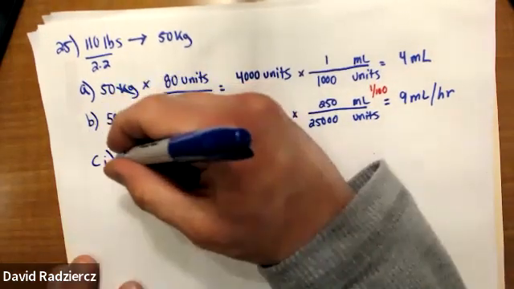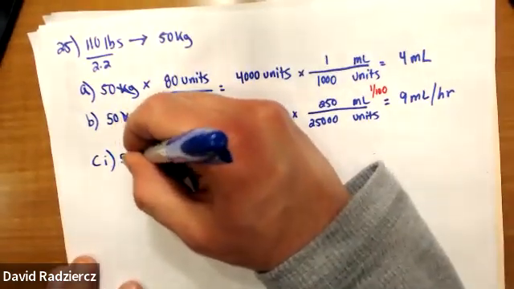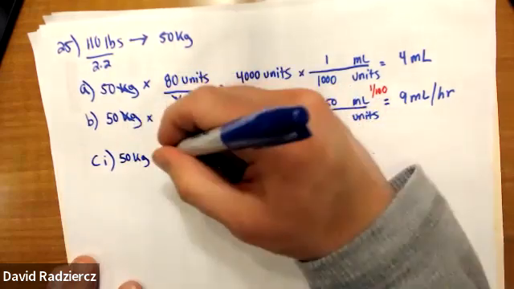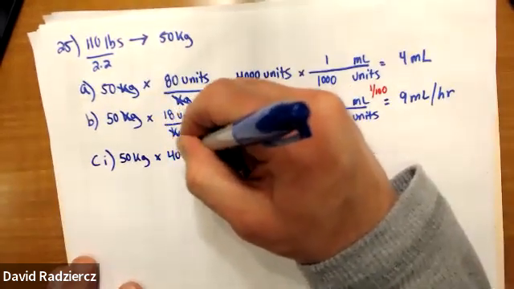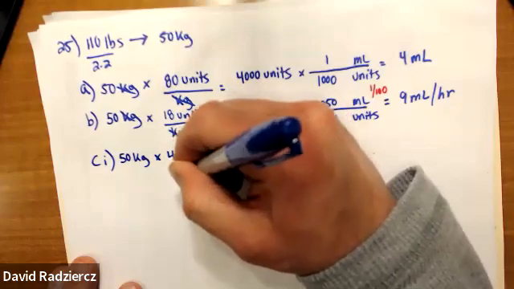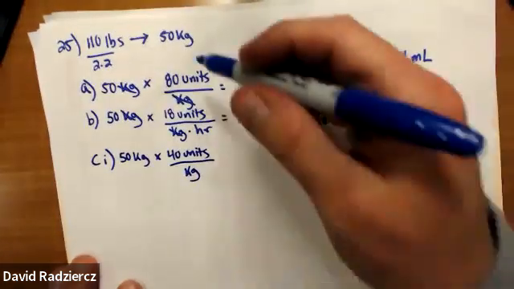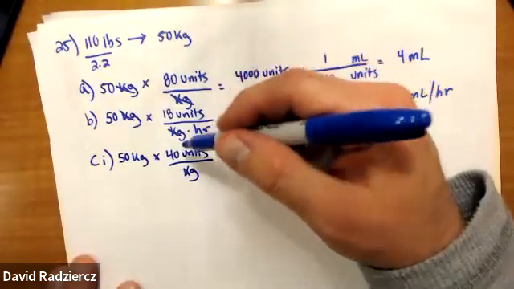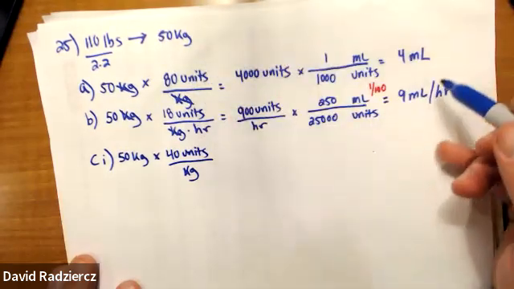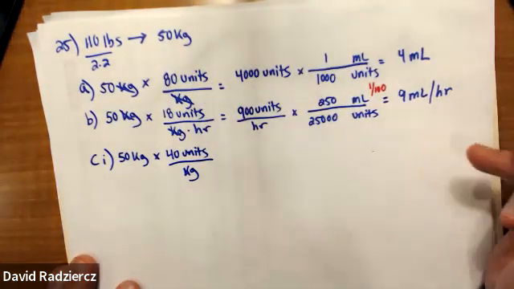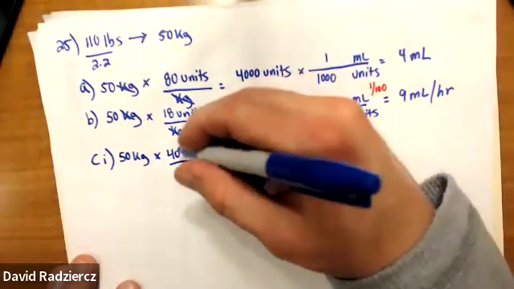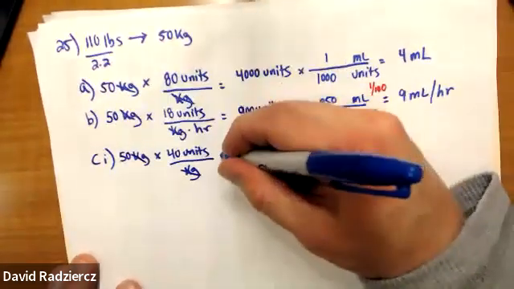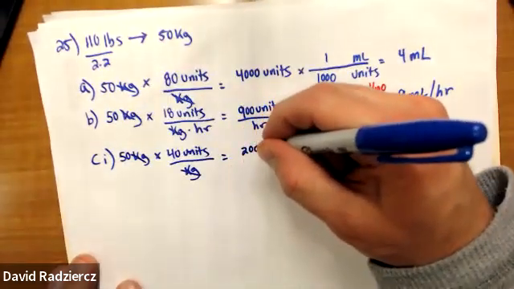So same patient, 50 kilograms, new bolus, 40 units per kilogram. Okay, so notice that 40 is half of 80. So my expectation is that my answer is going to be 2 milliliters. We get 2,000 units.